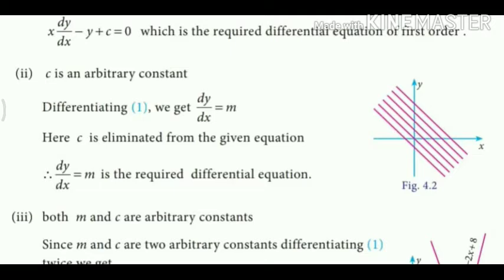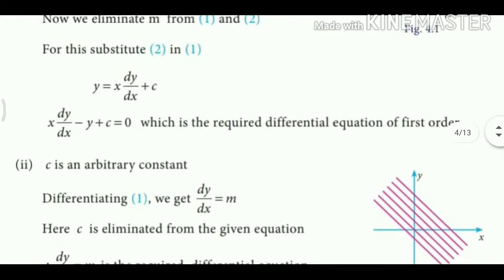We are getting dy by dx equal to m. That is the required differential equation. So you stop the question here itself. No need to substitute this value in the first equation because c is the arbitrary constant, not m. Our answer becomes dy by dx equal to m.